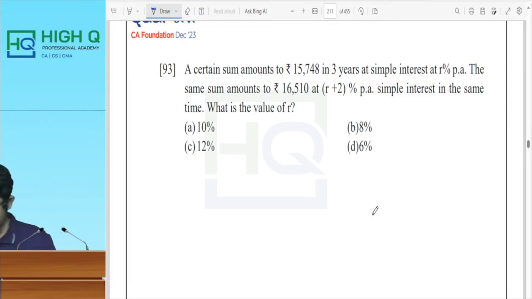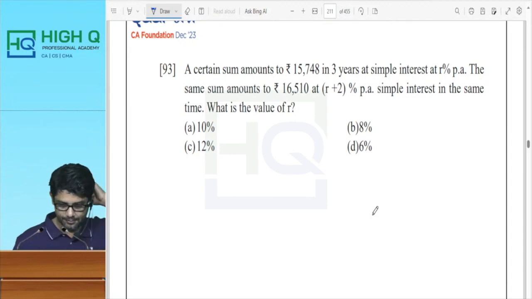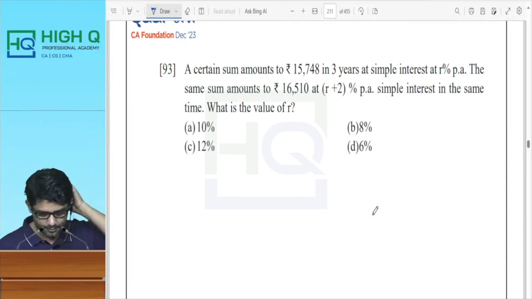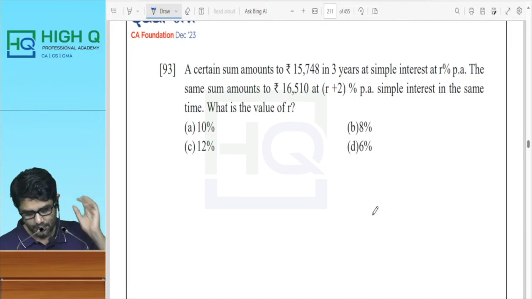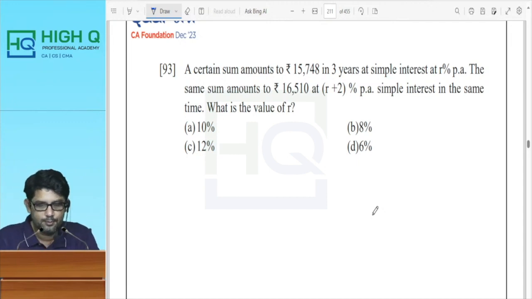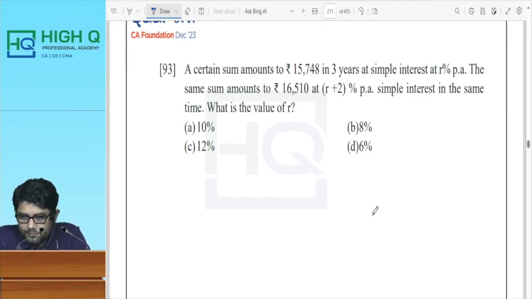B. SK Kishore has given me answer B. Total there are many sums, my dear. The rest of the sums you need to do. We'll be uploading the questions.